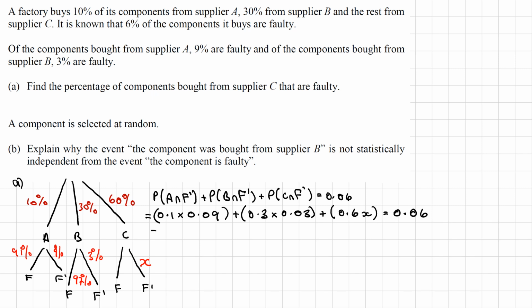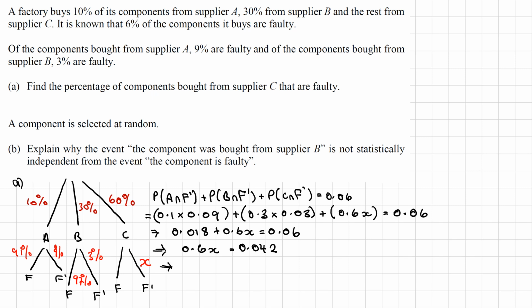So that gives us 0.018 plus 0.6x is equal to 0.06. And so from here, we can say that 0.6x is going to equal 0.06 minus 0.018, and that gives us 0.042.